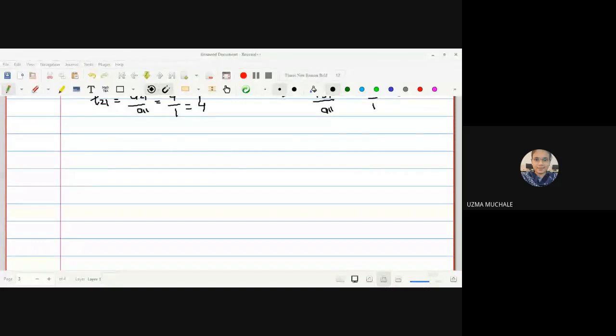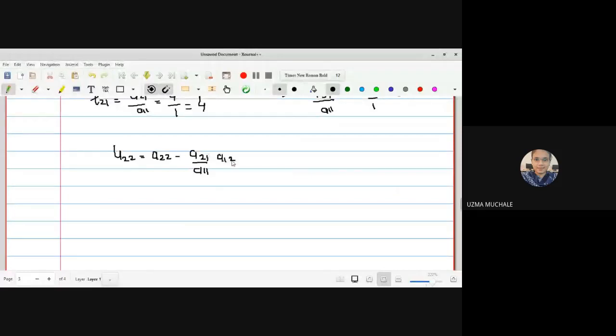Okay. Now let us solve to get the value of U22. What is U22? A22 minus A21 divided by A11 into A12.